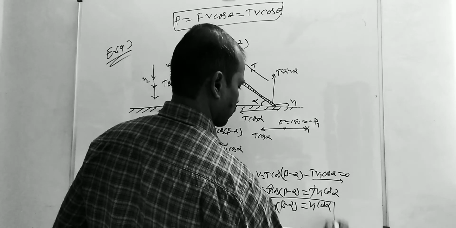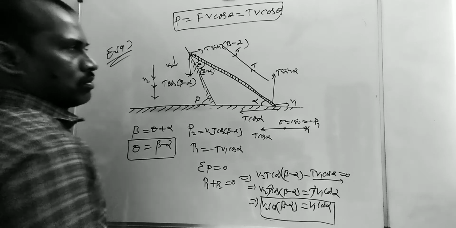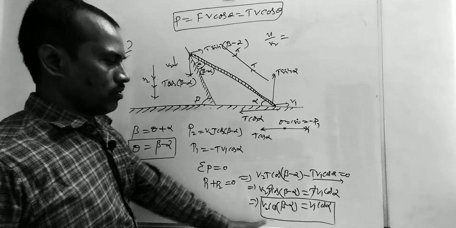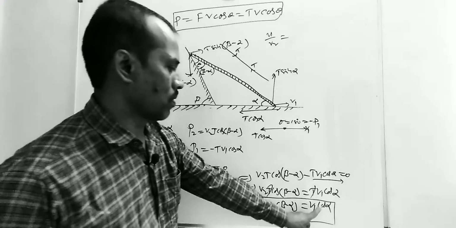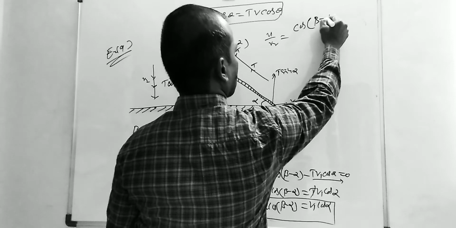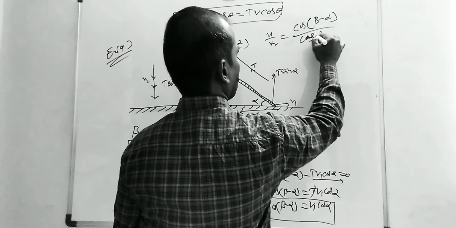This relates the velocities of the two ends of the rod. So V1 by V2 is equal to cos of (beta minus alpha) by cos alpha.